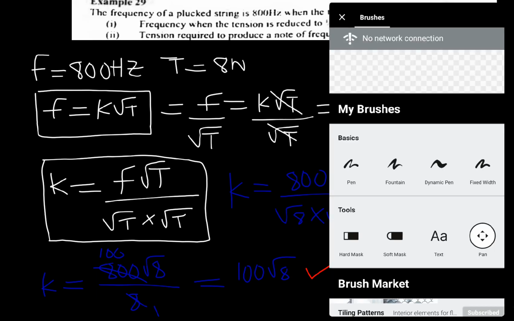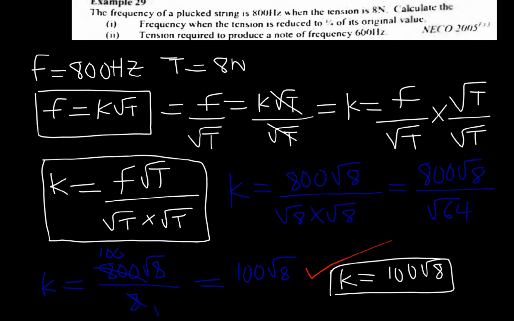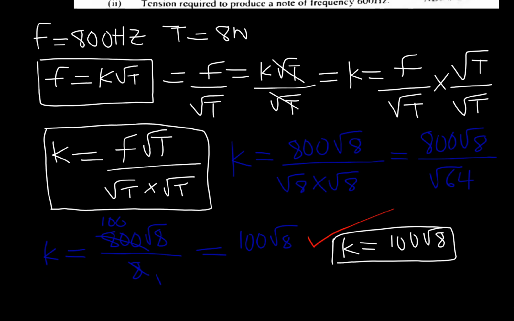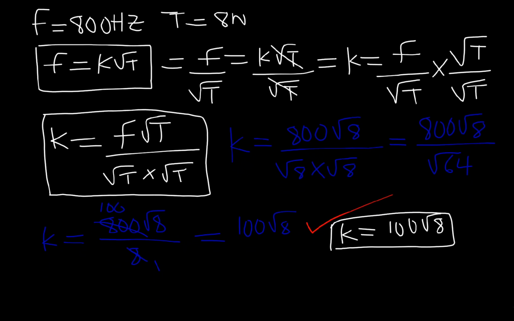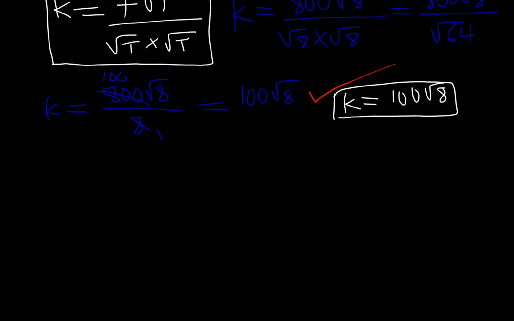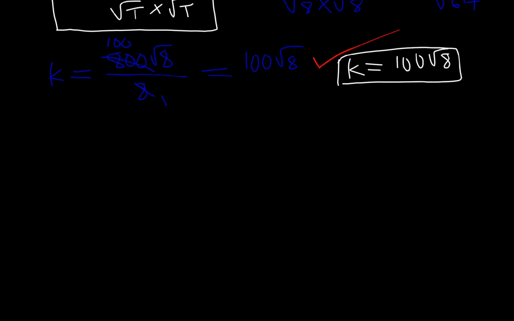So we solve for frequency when the tension equals 1/4 of its original value. And do not forget the original value of the tension that was given is 8 newtons.